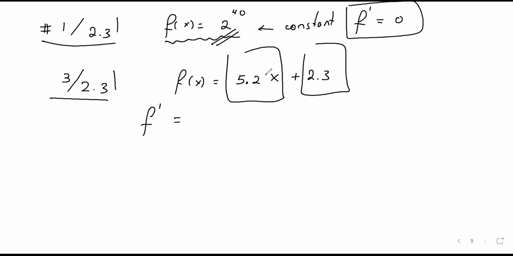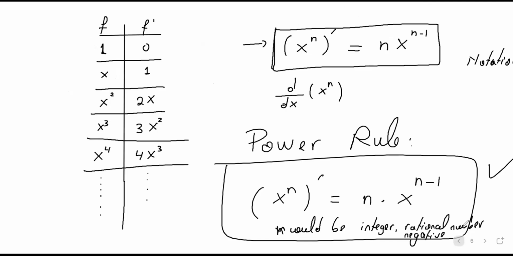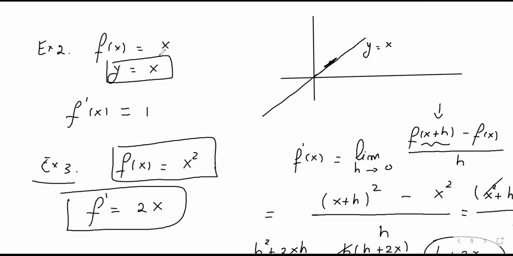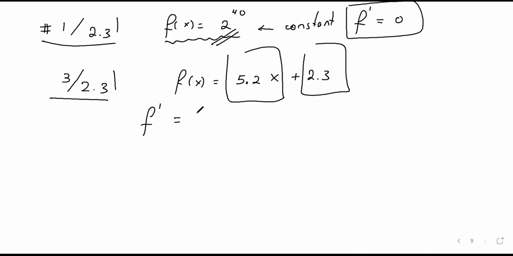For the first quantity, 5.2 times x is a constant multiple of the function x. And if we look back, over here, the derivative of x is 1. We derived that earlier in example 2 over here. So this is going to be the constant 5.2 times 1, because that's the derivative of x. x prime is 1.